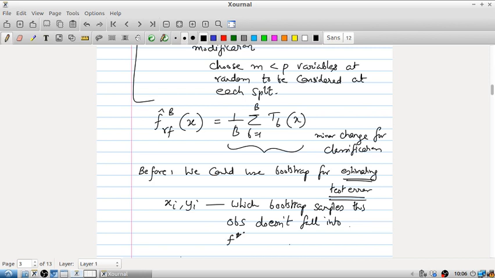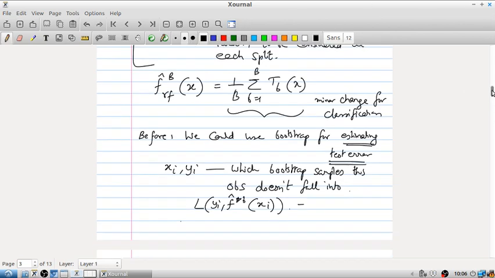So f hat star b's, the prediction models built using bootstrap samples which don't involve this particular observation, and then you evaluate the performance over some loss over yi comma something like this. Or if you're doing aggregation, you can get the aggregate as well, the summation as well. This is what we were doing before.